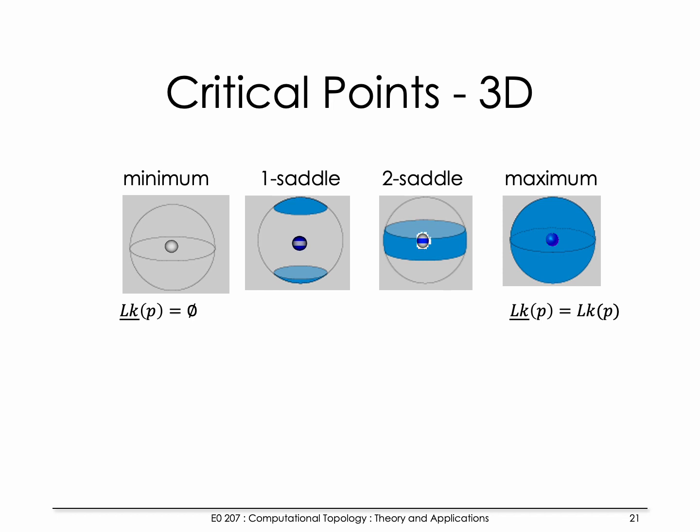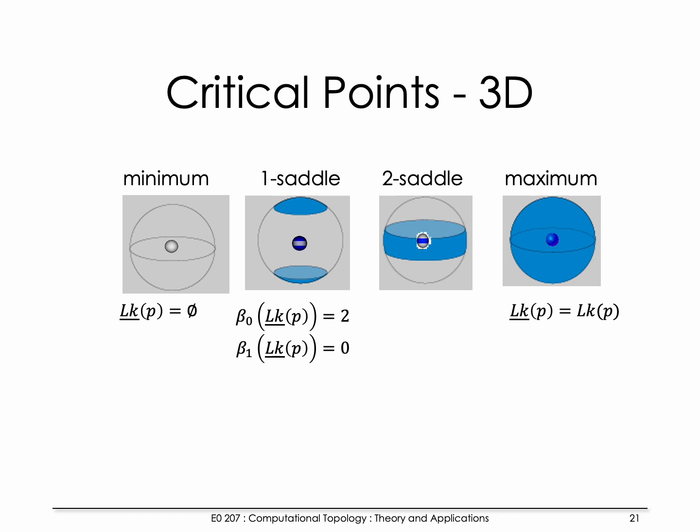How about a saddle? There are two kinds of saddles, as we saw in the previous lecture. A one saddle, Morse index 1, will have two components of the lower link. It will have two components of the lower star as well, if that helps.